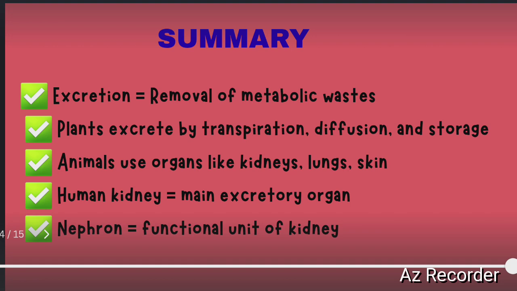We also discussed other organisms like earthworms, insects, fishes and frogs, and what excretory organs are present in the different animals. So this is all about today's content: excretion in plants and animals.